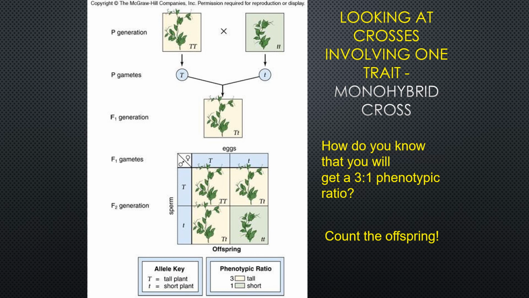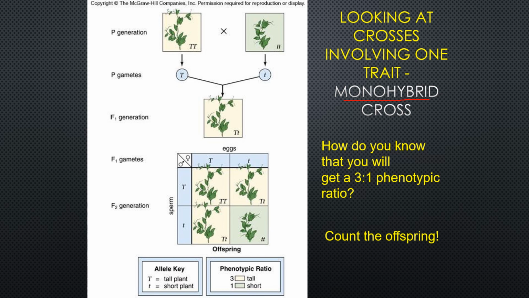So when we're looking at a cross that involves only one trait, and in this case what we're looking at is whether it's tall or short, and that's all we're looking at, we call that a monohybrid cross because it's one trait. And how do we know that you'll get a 3-to-1 phenotypic ratio? Well, that is what we just counted, right?